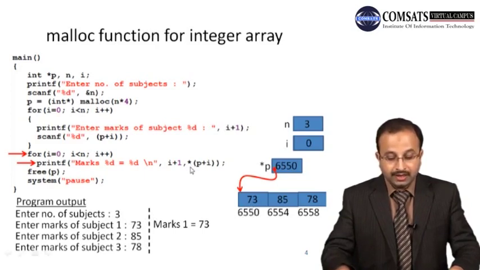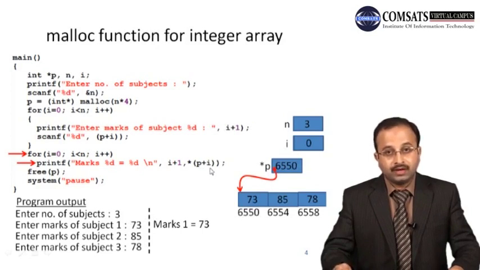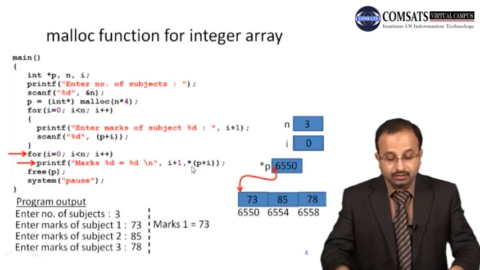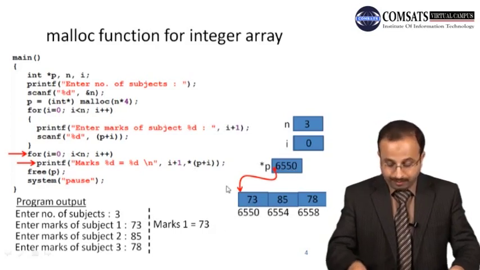Let me repeat it. *(p+I) is 73. Why? Because it is star of 6550 plus 0, which is 6550, and you have a star with it, so you can read it as the value at address 6550. That value is 73, that will be printed.